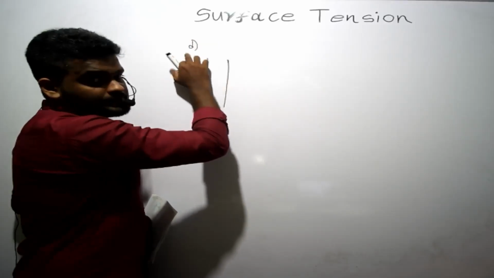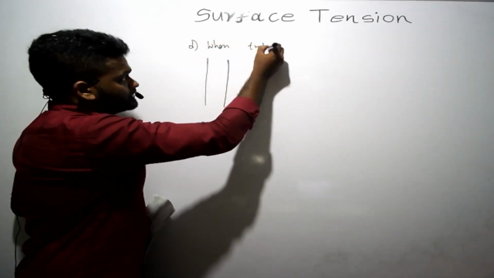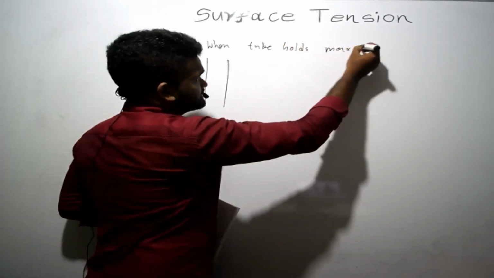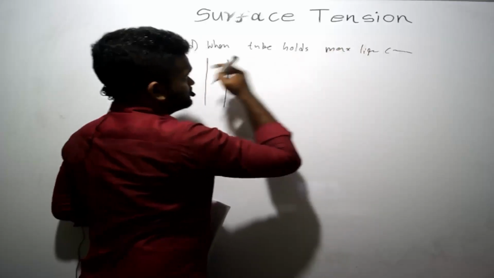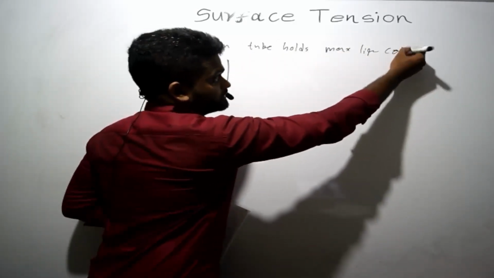Write simple D: when tube holds max liquid column. Write down. When tube holds maximum liquid column.